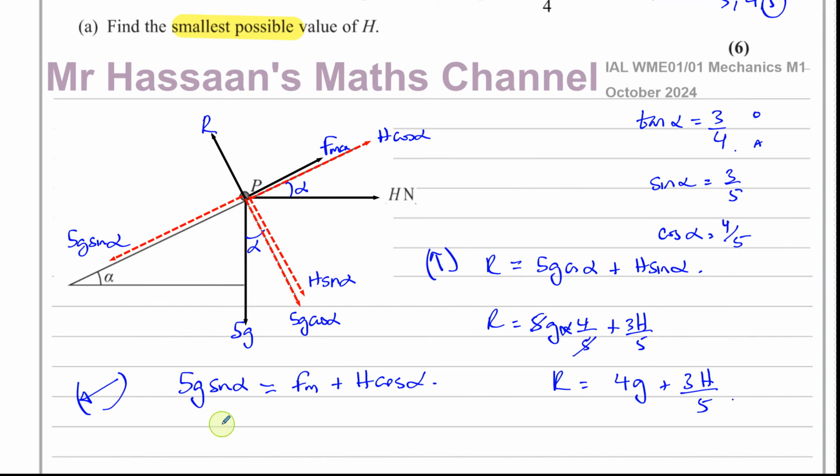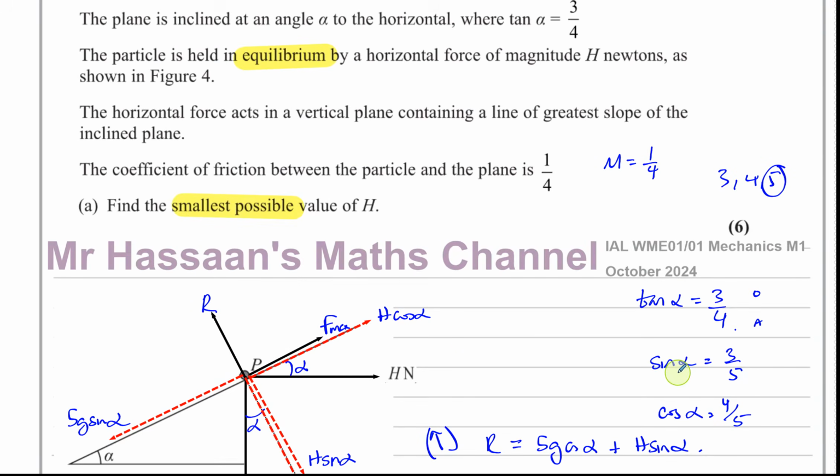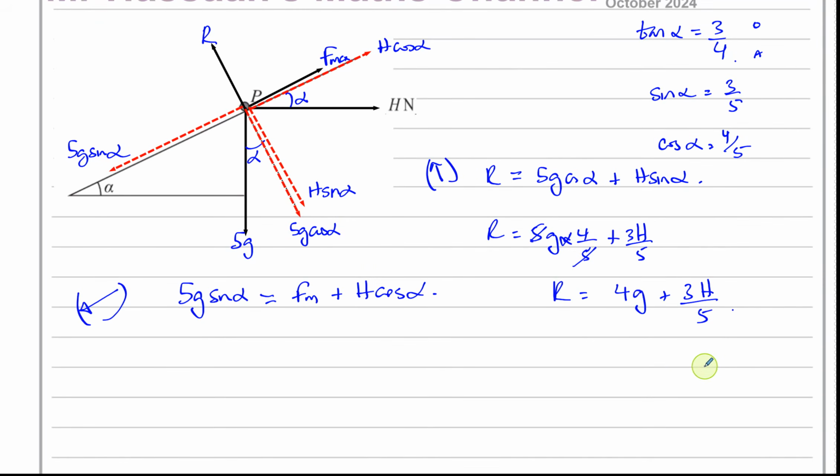So let's change what we know. Now I know F max is equal to mu R, and mu is equal to a quarter.